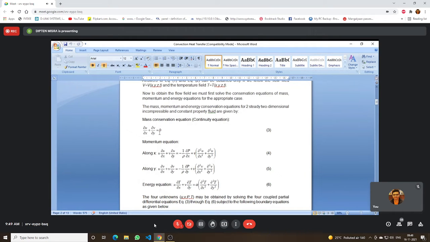If you take mass as a conserved quantity, from there you can find out this equation. We'll in fact derive this equation. This is known as the continuity equation, and by taking advantage of the mass conservation property, we can establish this equation, but we require to know one more equation so that we can have two equations for the two unknowns given by u and v.